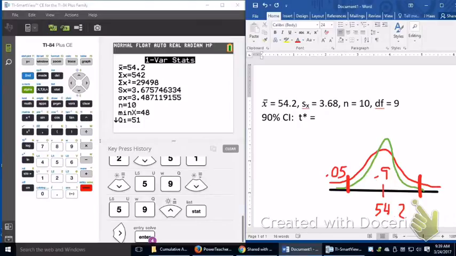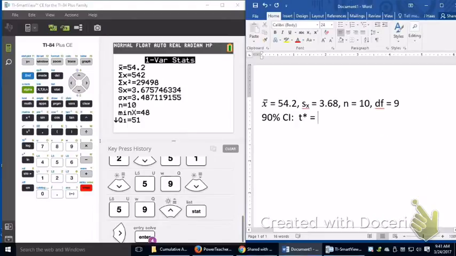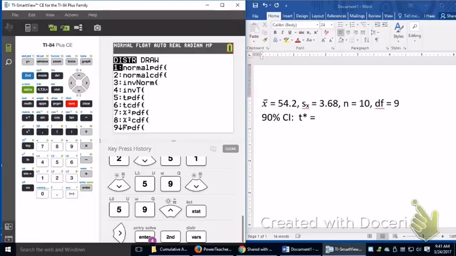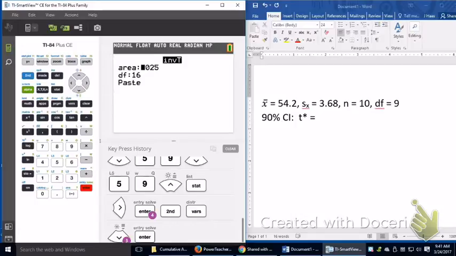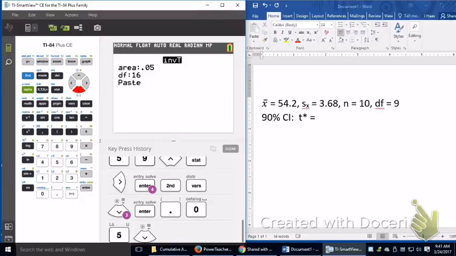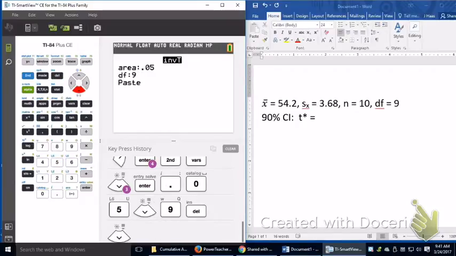Or if you don't want to reach for the table, we can pull the calculator up, and we can do second distribution, inverse t, because we're starting with a probability trying to get a t value. My tail area is 0.05. My degrees of freedom is 9. And then I'm going to paste that in.